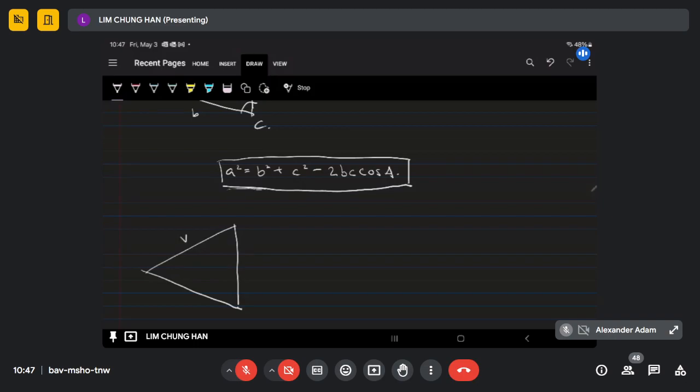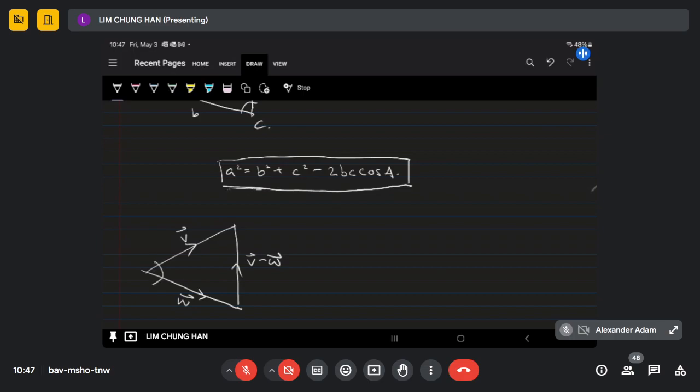Let's call that vector V and that vector W. If the one on top is vector V and the one below is vector W, then that vector will be V minus W. This is from my first lecture. If you forgot how I get V minus W, you can look up my first lecture notes.